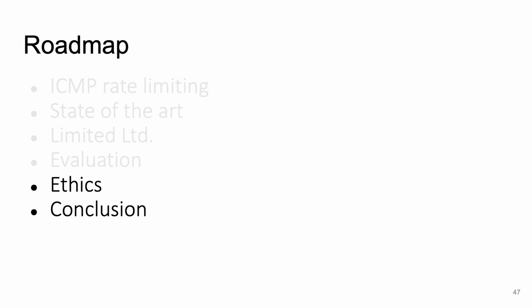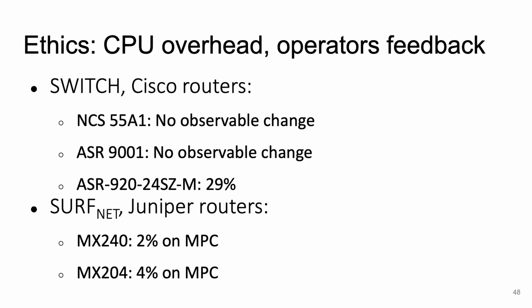So now I'm going to present the different precautions that we've taken so that LIMITED has a minimal impact on the routers. First of all, we have done some joint measurements with operators, and we've asked them to run LIMITED on their routers to measure the CPU overhead that the tool was triggering. We've done joint measurements with two networks, Switch and SURFnet.